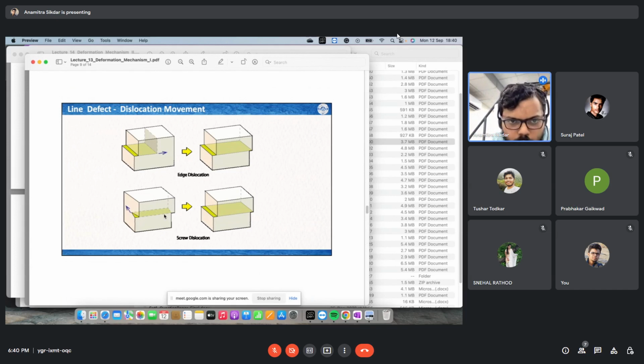So this yellow plane will be extended along this arrow, and ultimately you will get this. You will form the same thing, but here it just moved in this direction, and here the dislocation line moved in this direction. So in one case the dislocation line moved in this direction, and in this case in this direction. Yes sir, sound clear.